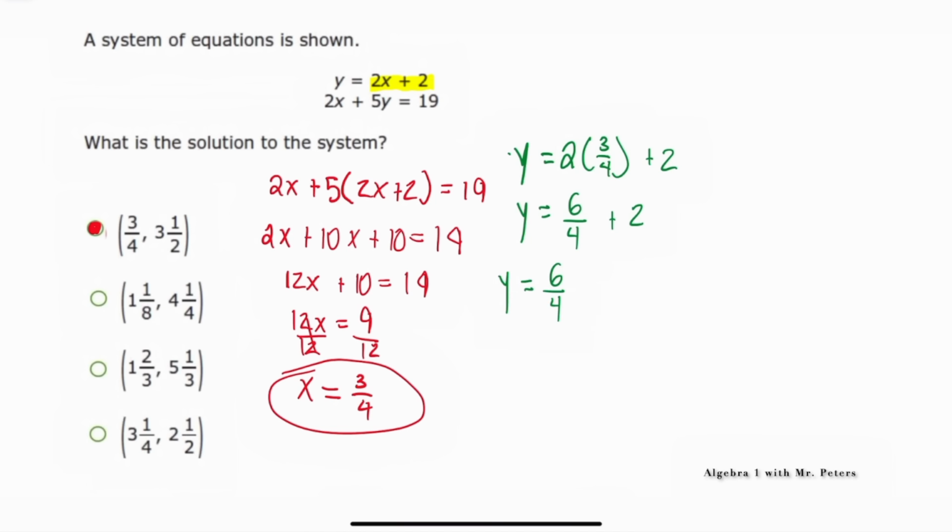So we have 6 over 4 plus 8 over 4. And what we're going to get is y is equal to 14 over 4. We don't see that answer, but if we reduce this fraction and turn it into a mixed number, 4 goes into 14 3 times with 2 out of 4 left over. We know this simplifies to 3 1/2. So we definitely know that answer choice A is the correct answer.